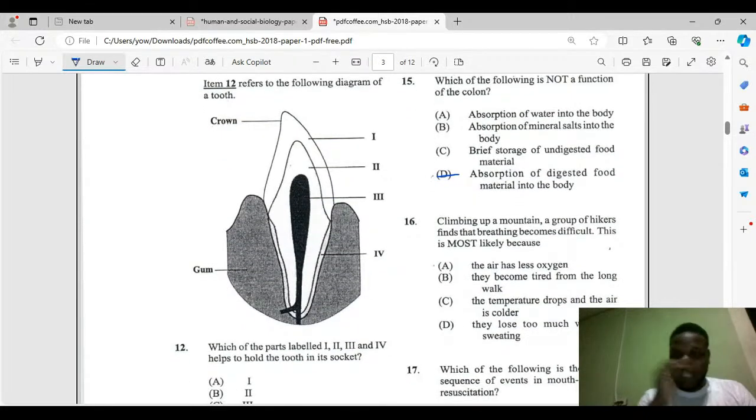Climbing up a mountain, a group of hikers find that breathing becomes difficult. This is most likely because the air has less oxygen, they became tired from a long walk, the temperature drops and the air is colder, or they lose too much water by sweating.